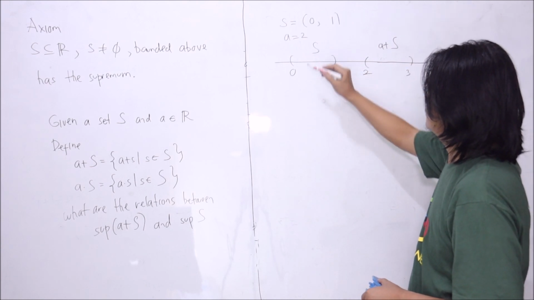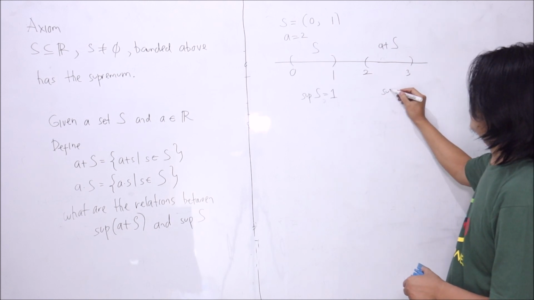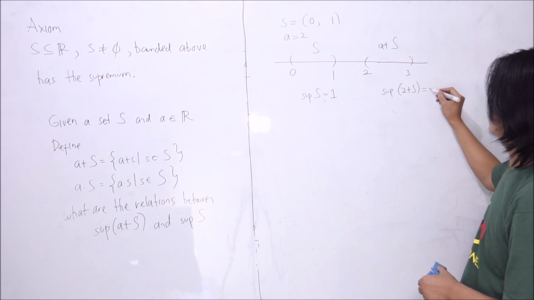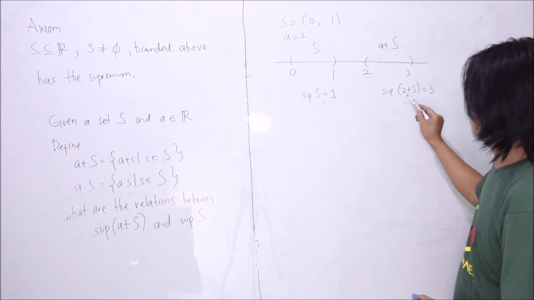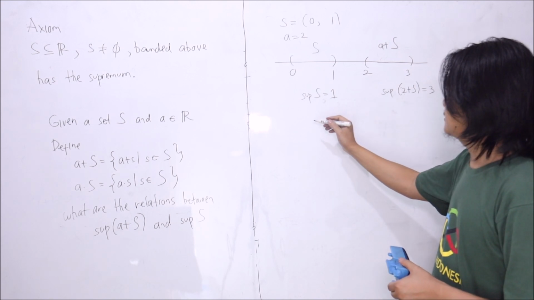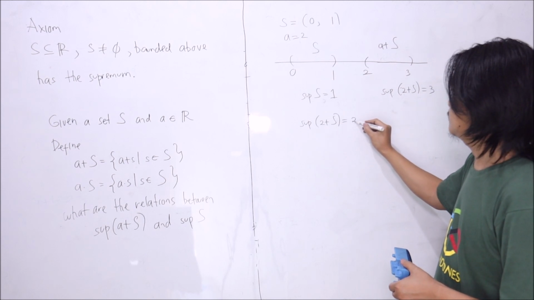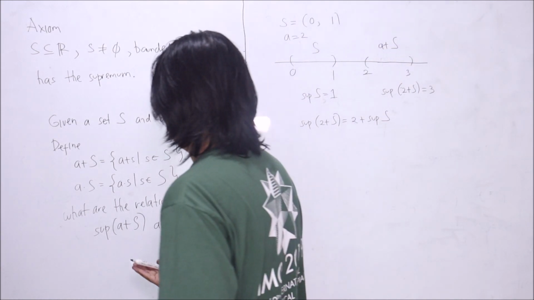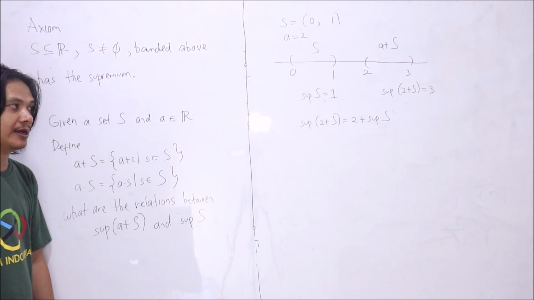And this is S. So here the sup of S is 1, and the sup of 2 plus S is 3. Okay. So since this is 1 and there is 2 here and there is 3, it is reasonable to guess that the sup of 2 plus S is the same as 2 plus sup S. Okay. So that's our guess, the relation between the supremum of A plus S and the supremum of S.